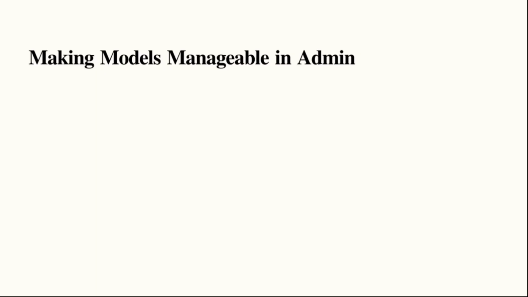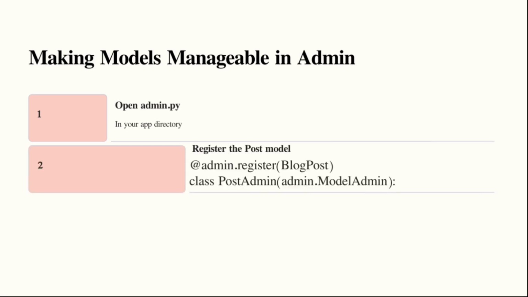Now that we have enabled Django admin, let's make our models manageable through the admin interface. To do this, you need to register your models in the admin.py file for your app. Here is an example of how to register the blog post model. Let me explain what's happening here. The admin.register decorator tells Django to register the blog post model with the admin site.